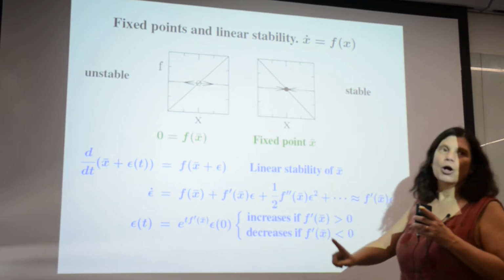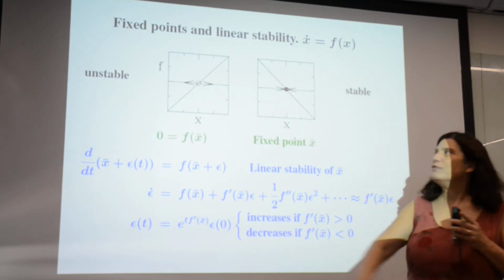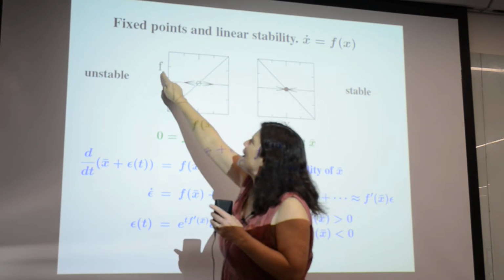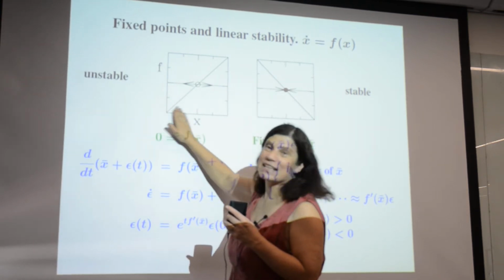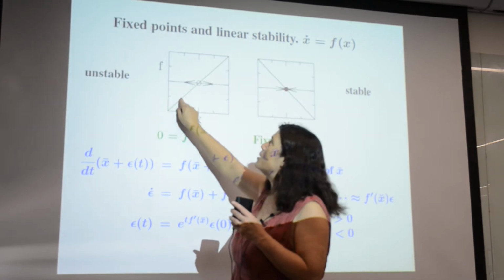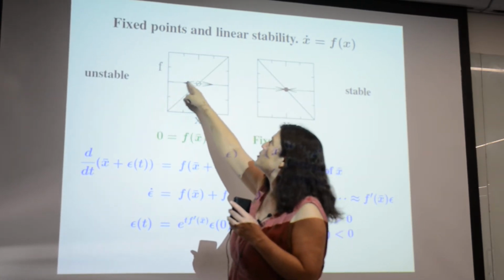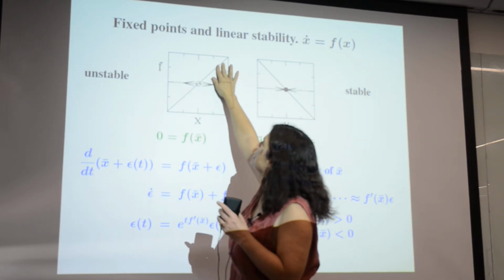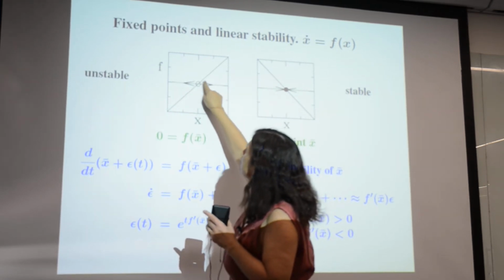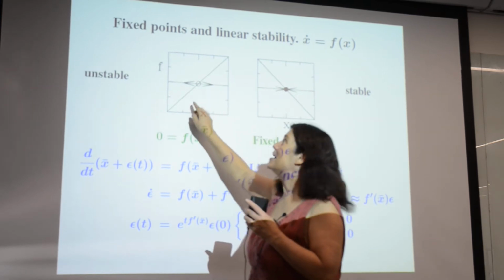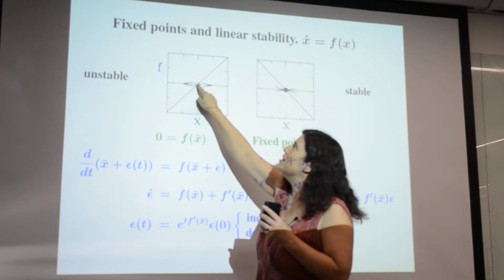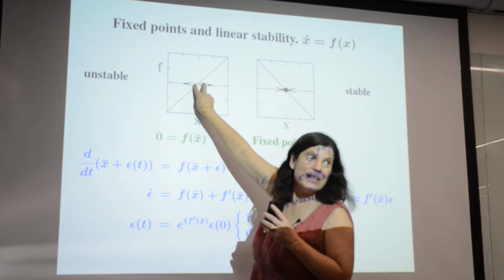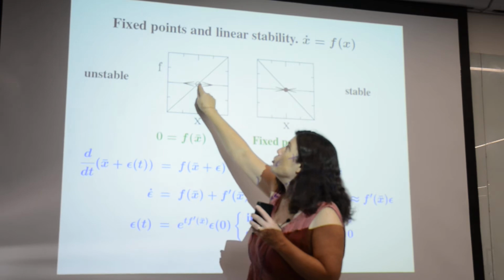But we said that x dot is f of x, and here f is negative for these x's. If f is negative, then x tends to decrease, and that's what this arrow means. Here, f is positive, so x tends to increase. So that's what this arrow means. That means that this point is actually unstable, meaning if you're to the right or to the left of that special point where f of x is 0, you are going to leave.